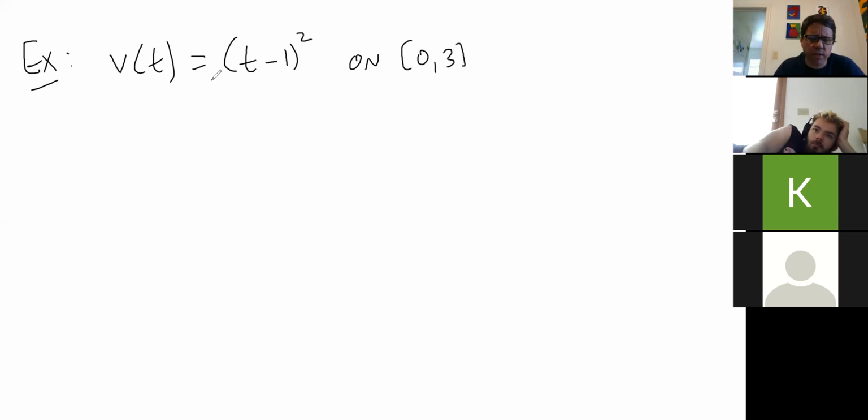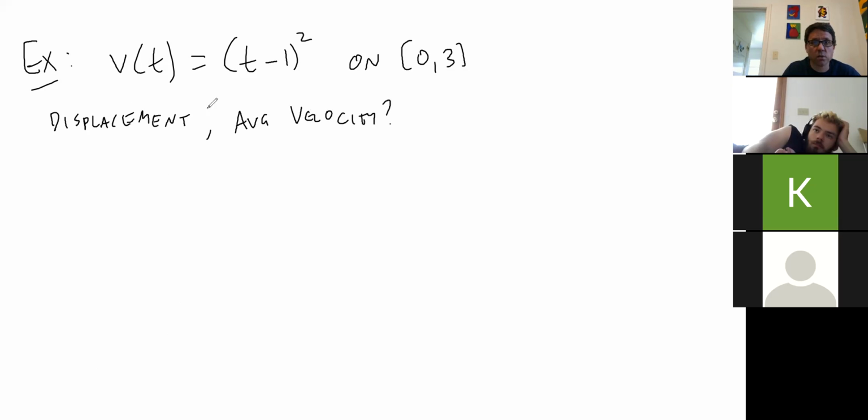Now instead of having x's, we're back to t's. Then the first question will be, what's the displacement? And the second question is, what is the average velocity on that range? So what's the displacement and what's the average velocity?